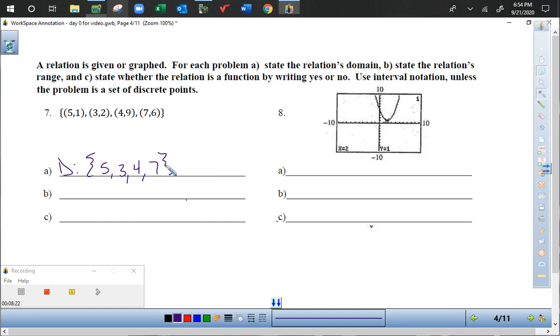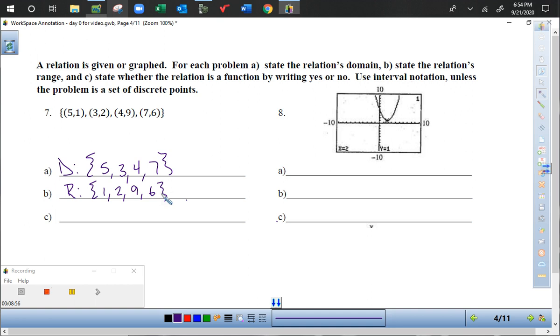You do want to be careful to never repeat yourself. If a y value or an x value shows up twice, you don't want to write it twice. We're just listing the unique values that show up. So for the range, we're doing the same thing with our y's. So it looks like 1, 2, 9, and 6.